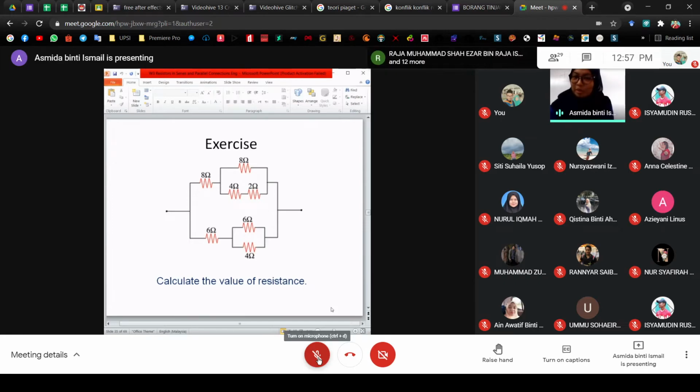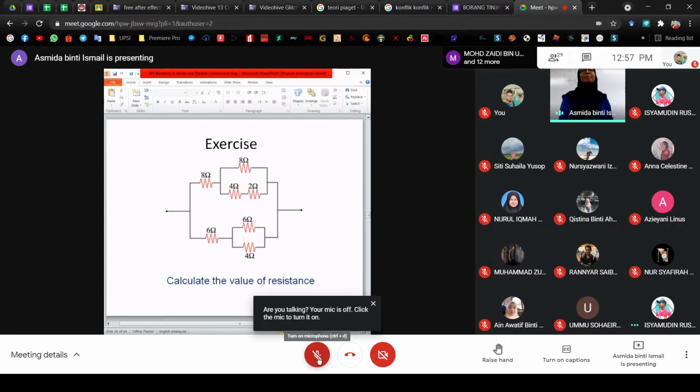Kawan awak punya jawapan tu boleh tentu betul. Ada yang dapat jawapan lain? 4.8. Jawapan dia 4.8.